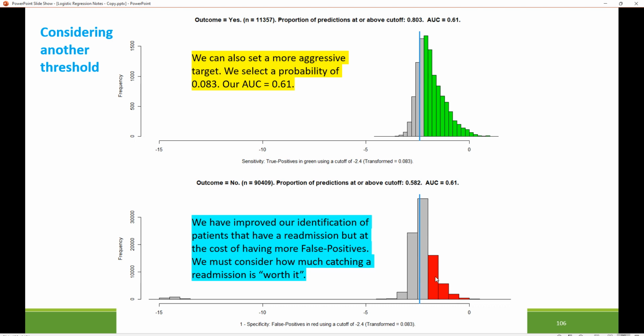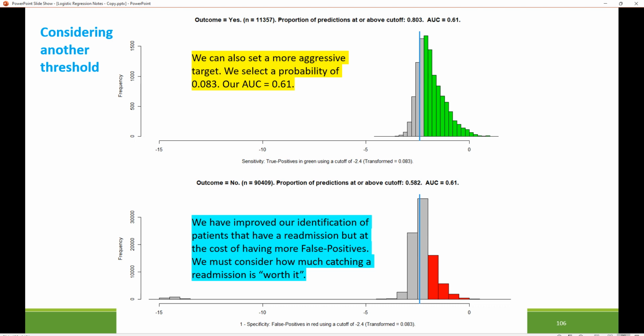So we need to start thinking about the cost benefit of getting more readmissions, but at the cost of getting more false positives. We have improved our identification of patients that have a readmission, but at the cost of having more false positives. We must consider how much catching a readmission is worth it.